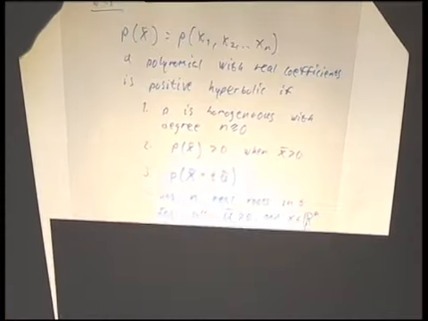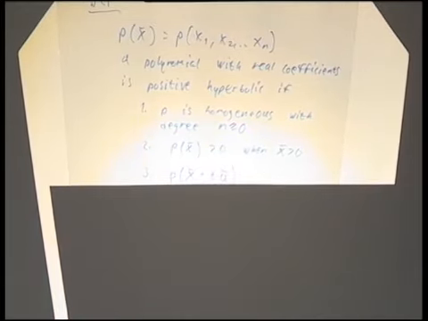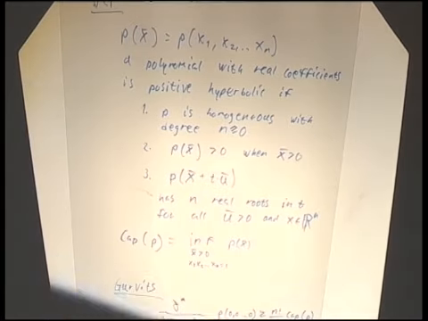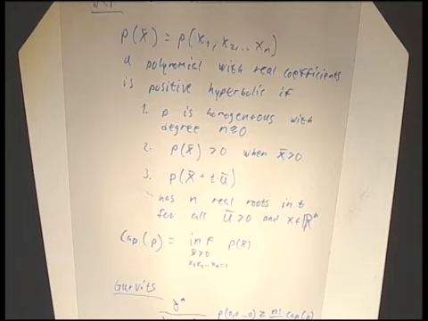So we say that a polynomial with real coefficients is positive hyperbolic if this holds. It should be homogeneous, so all monomials have the same degree, which should be greater than n. P of x should be greater than 0 when x is greater than 0.